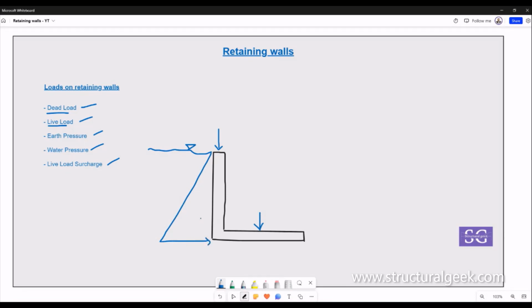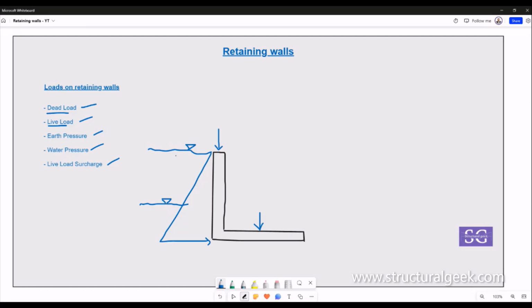So it varies in a linear fashion with respect to height, and it exerts the earth pressure on the wall. The actual quantitative values of the earth pressure we are not including in this particular video. Similarly, water pressure is also applied as per the height. Let's say the water level is coming up to this side, then beneath this we will have to consider the water pressure being exerted, assuming this as the zero level of the water.